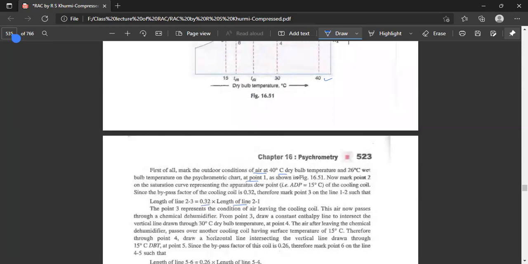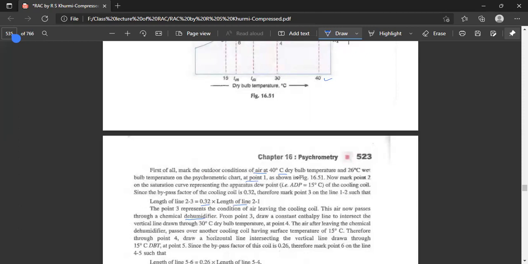This air now passes through a chemical dehumidifier.